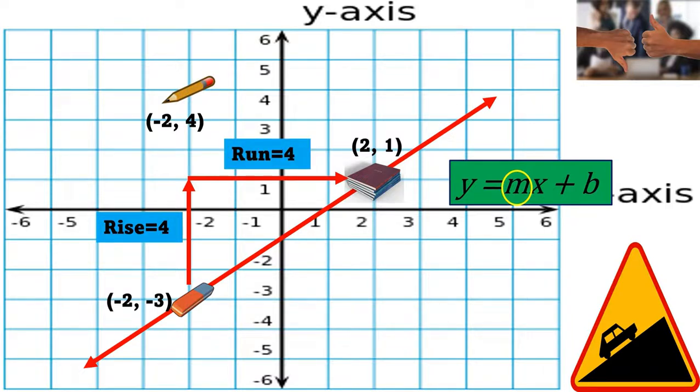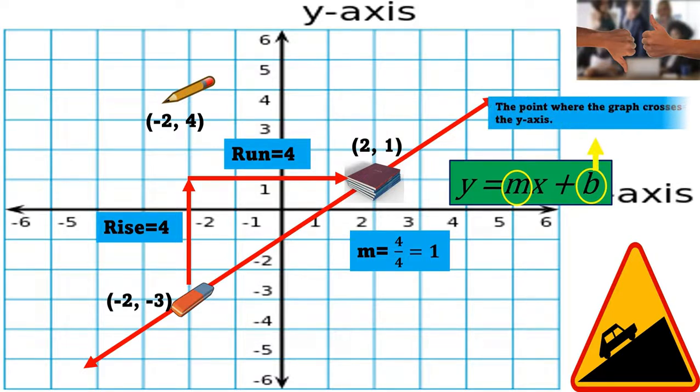So m is equal to 4 over 4, rise over run. And 4 over 4 equals 1. So that is our slope. The slope is 1. Next, we find the y-intercept.